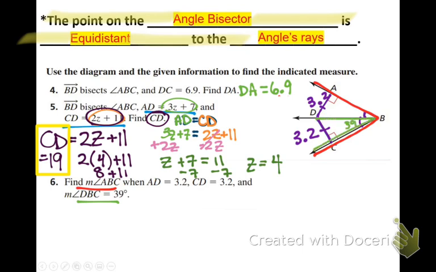So if this angle is 39, we know they're congruent, so my second angle is 39. So the measure of angle ABC will be 39 plus 39, which would be 78 degrees.